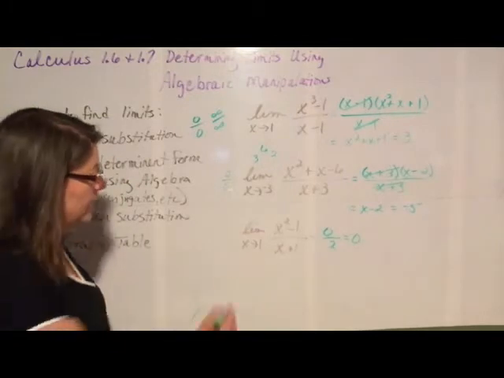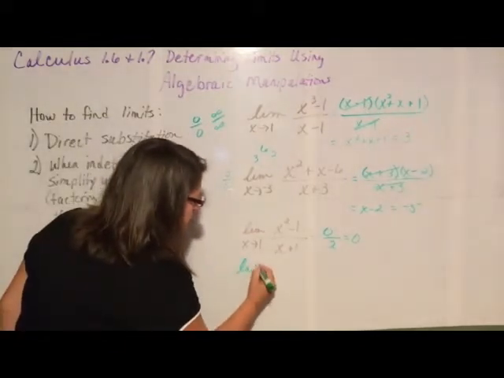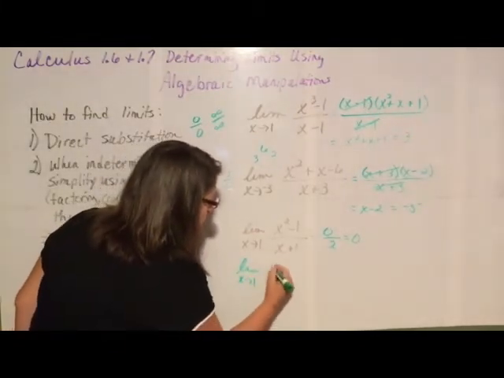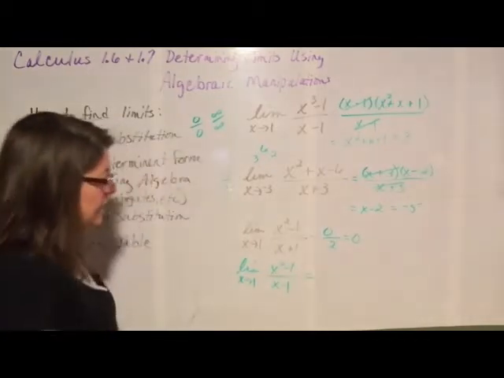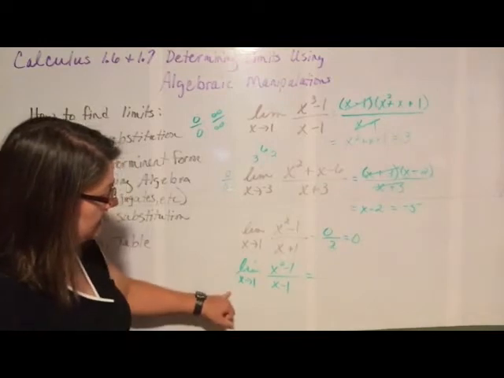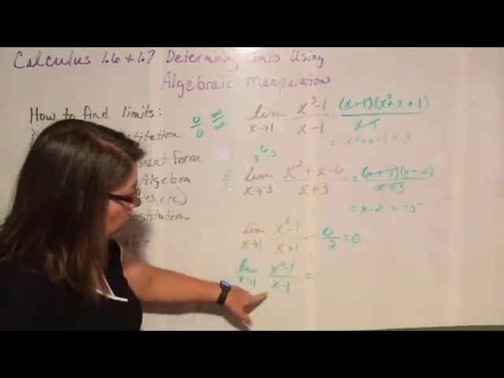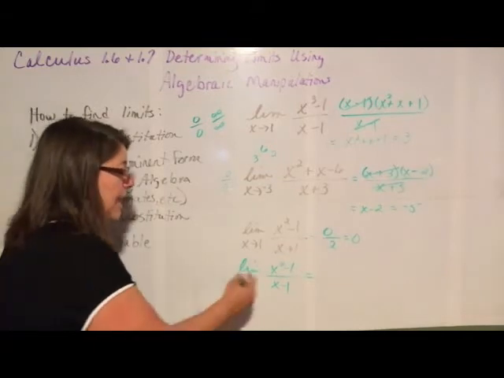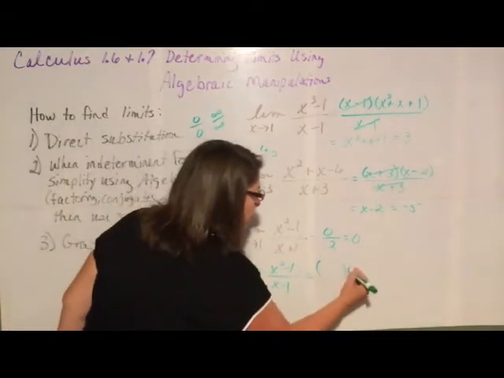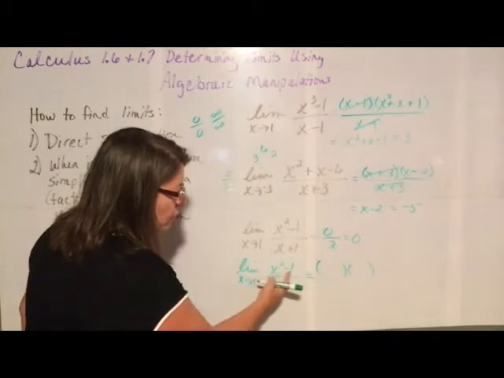Now, if that one had said the limit as x approaches 1 of x squared minus 1 over x minus 1, then when I plug in, I would get 0 over 0, which is the indeterminate form, and that would cause me to have to factor. So hopefully you remember, these are difference of squares.